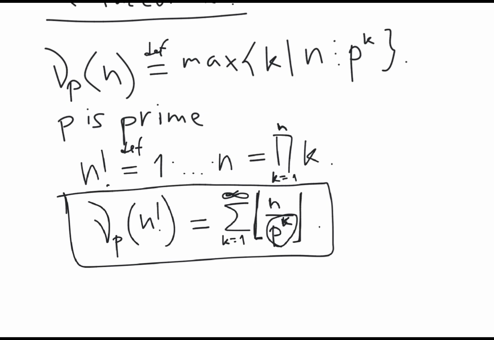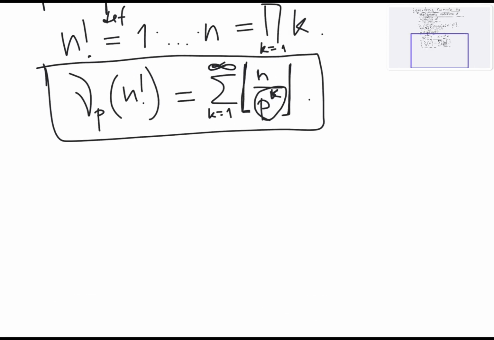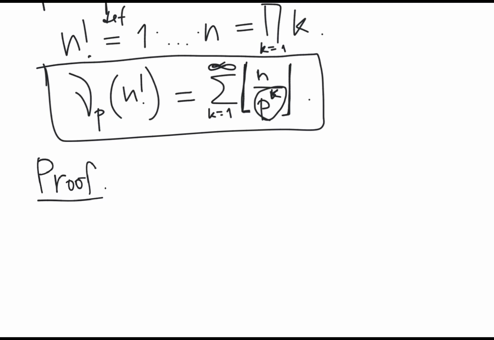So let's prove it. The proof is actually quite simple. We have n factorial, which is equal to the product 1, 2, 3, and so on up to n, the product of the first n numbers by definition.